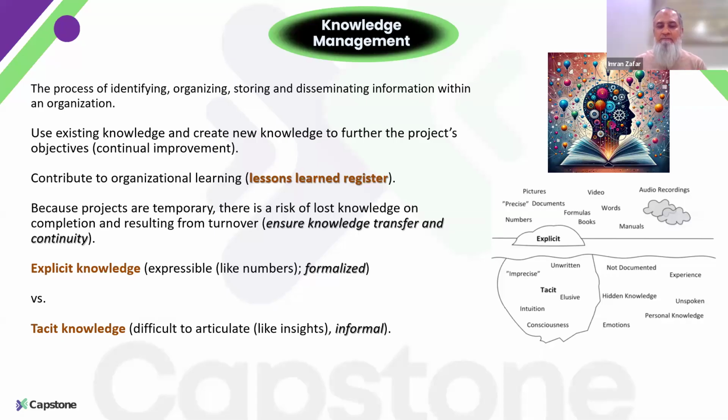So these are the two types of knowledge that can be there, and we can learn and build our skills when it comes to tacit knowledge by observing some people, by doing job shadowing. So these kinds of things can help us in acquiring that tacit knowledge as well.